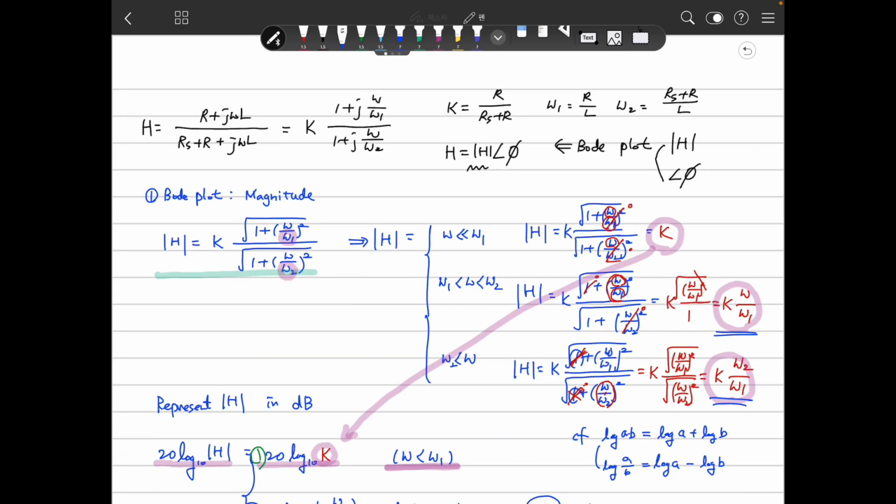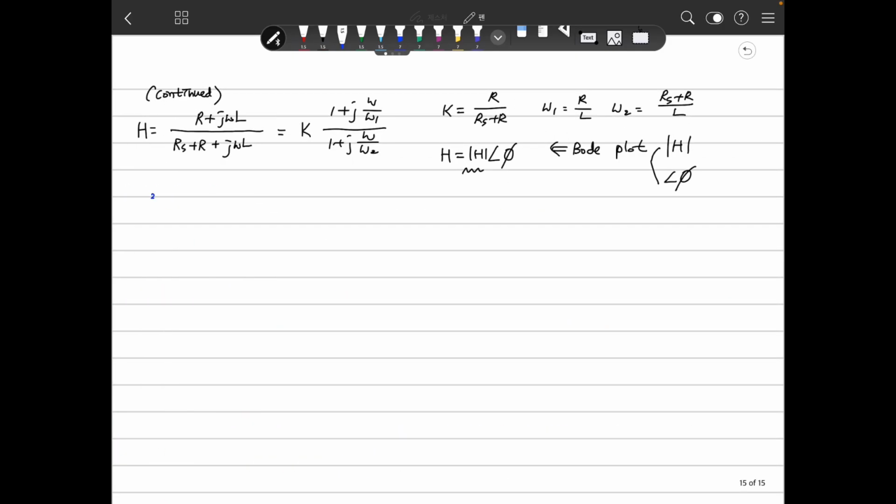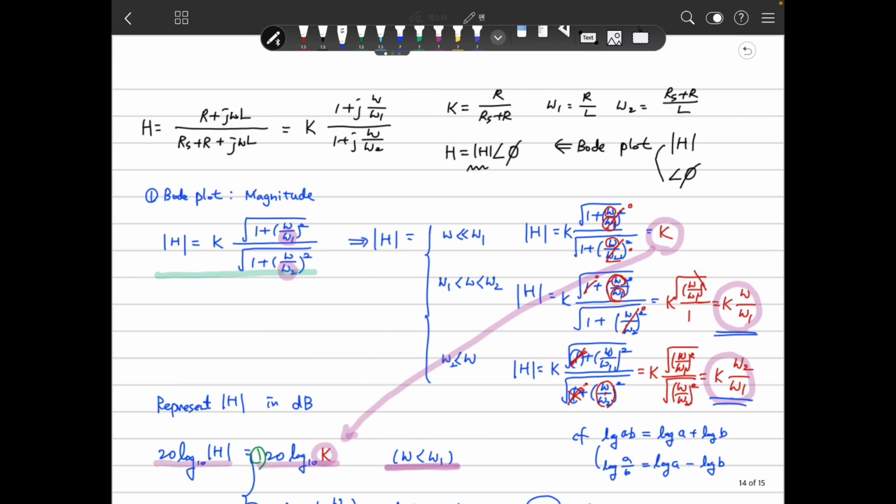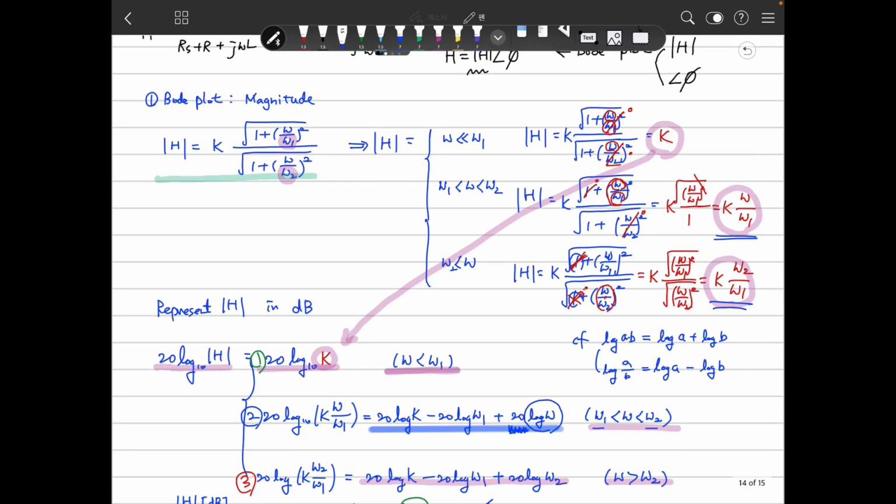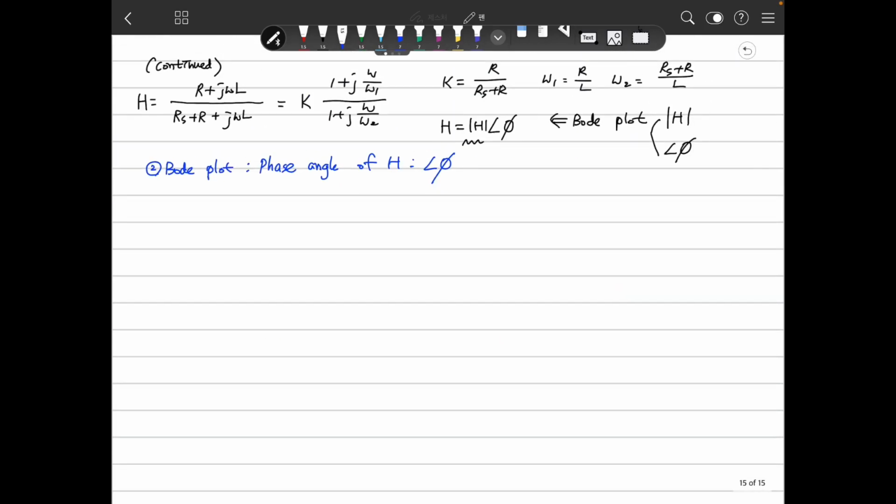Here we drew the Bode plot magnitude, but a Bode plot consists of two things, so we also need the plot of the phase angle of H. We use the green lines.